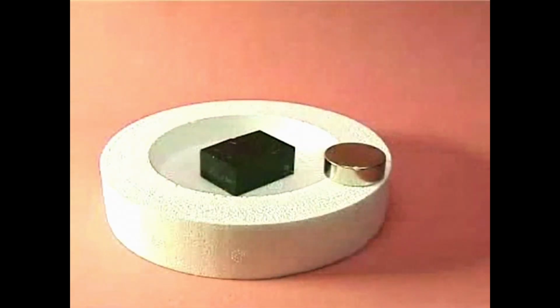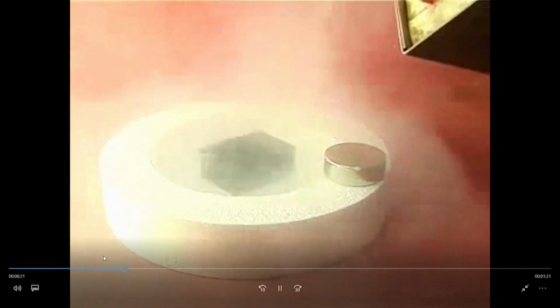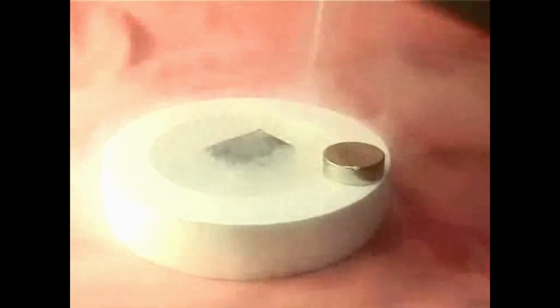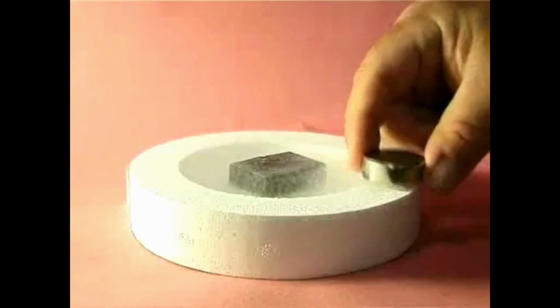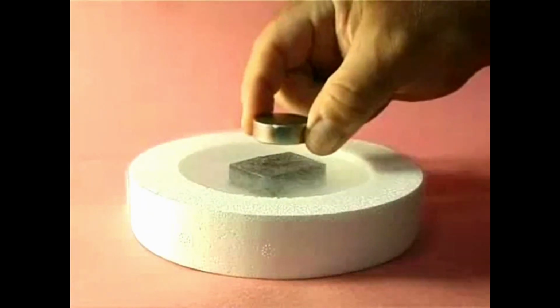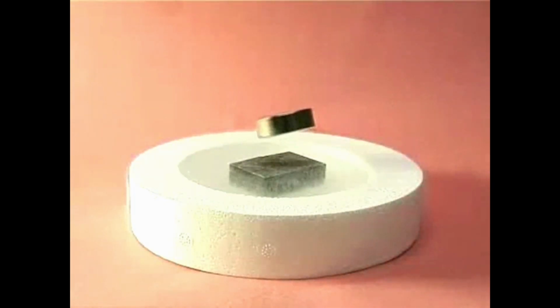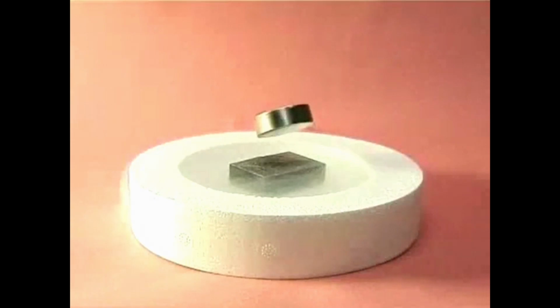Now, this superconducting specimen is just a metal. The temperature is being lowered by liquid helium or some other coolant. Now it became superconducting, and placed on top, the magnet is just floating. This is called superconducting levitation, and even if you move it, it does not fall off onto the material.